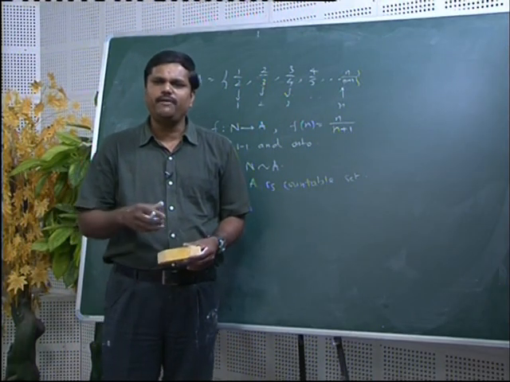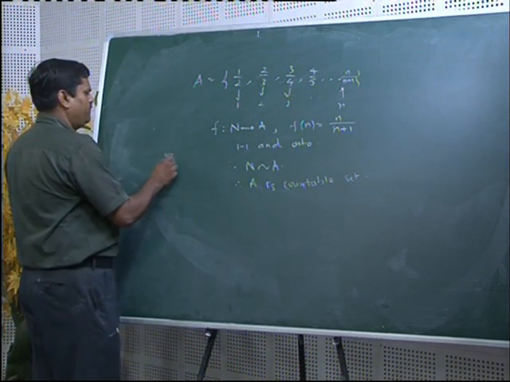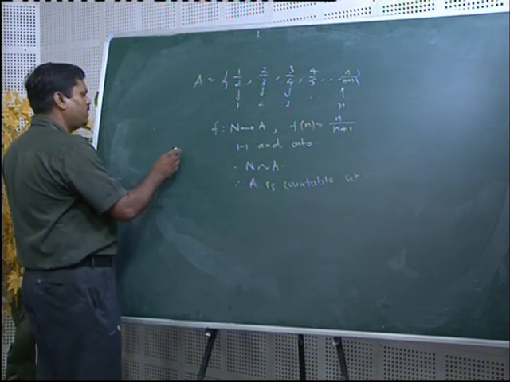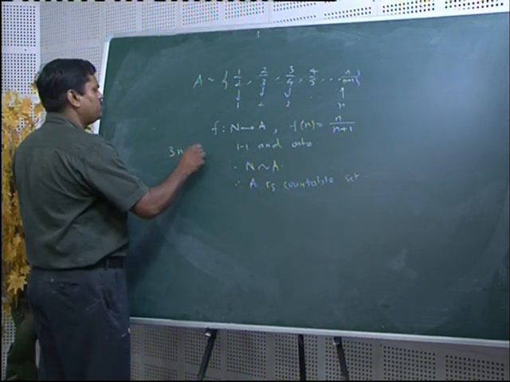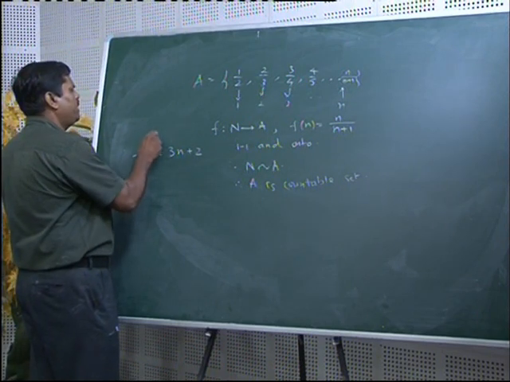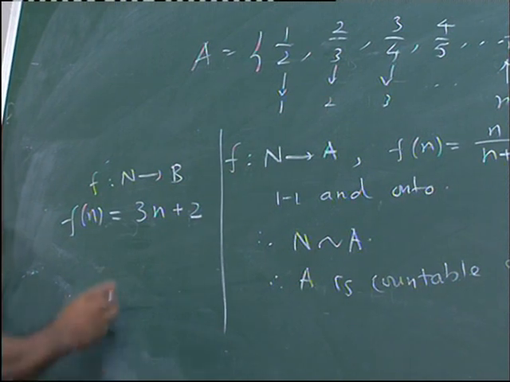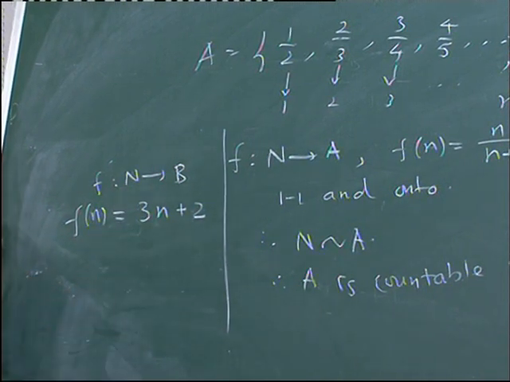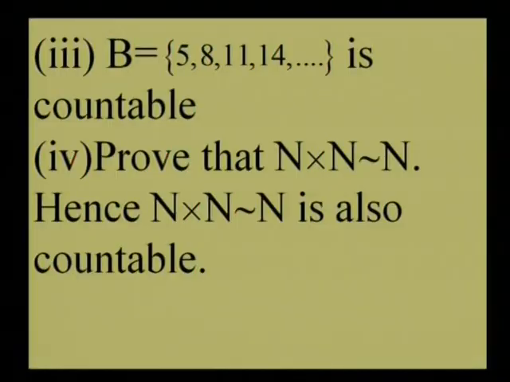So, 5, 8, 11 and so on gives us this function. The difference is 3 now, so 3n, and the first number I want is 5, so 3n plus 2 is the required formula. So, all of you can try at home that the function for the third example, from N to B, is f(n) equal to 3n plus 2. Again you can see the example on the screen.